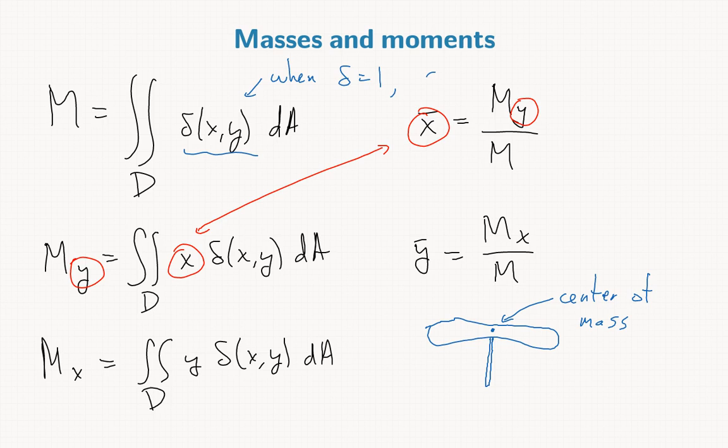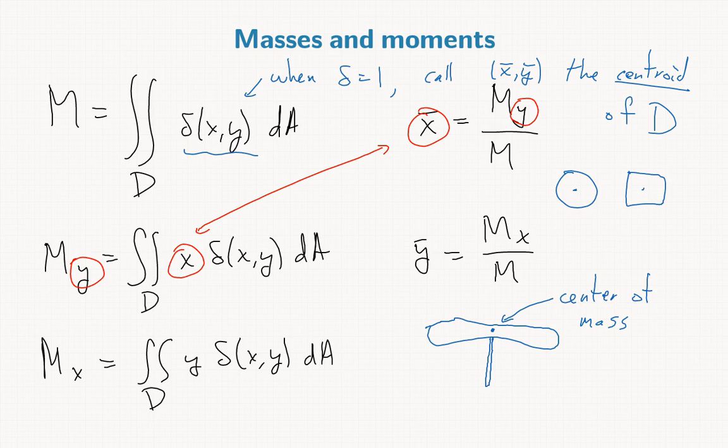We call this the centroid of D. So for a circle or a square or something, it's clear what the center should be. This gives a good definition in general for the center of any plane shape. Okay, so I'll do examples of these in separate videos.